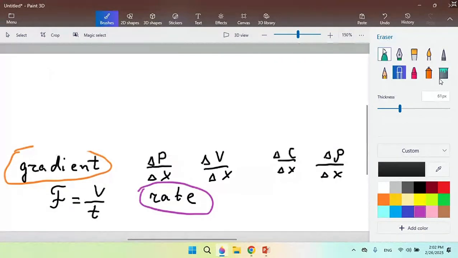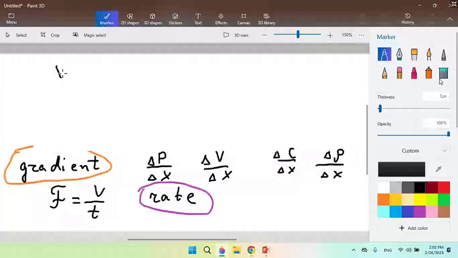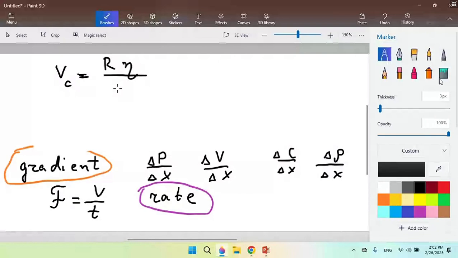So thus we've got critical velocity, which is directly proportional to the viscosity, inversely proportional to the density of fluid and radius of the tube. R is a constant that is called Reynolds number. So Reynolds number is a criterion for the type of flow, whether it is turbulent or laminar.